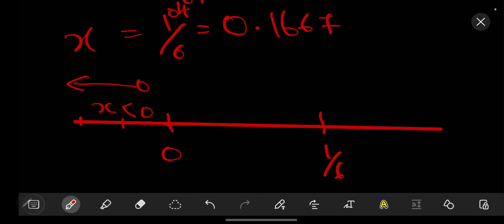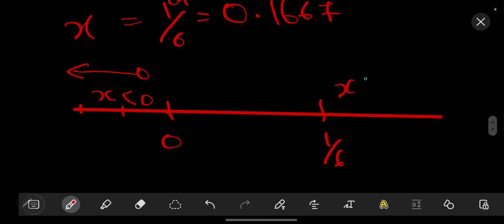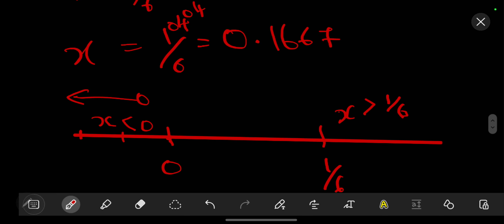Then looking at the other side, all the values of x here are greater than 1 over 6. Why? Because 1 over 6 is approximately 0.1167, and on this side we could have 1, we could have 2. So all the values as you approach this side are greater than 1 over 6, which makes sense on a number line.